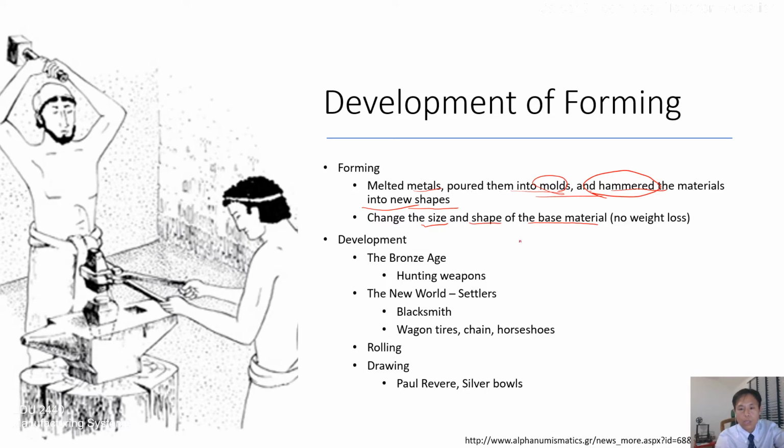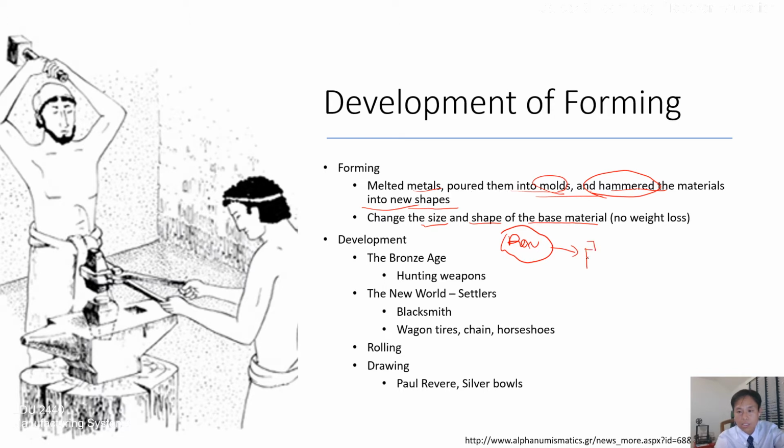We have a certain amount of raw material, and then we convert this material using, for example, a die. We saw die casting.